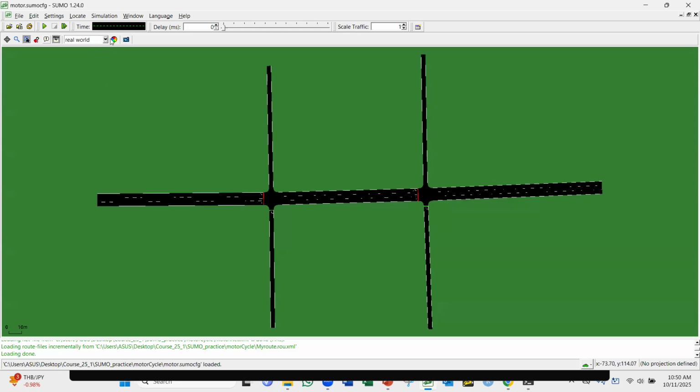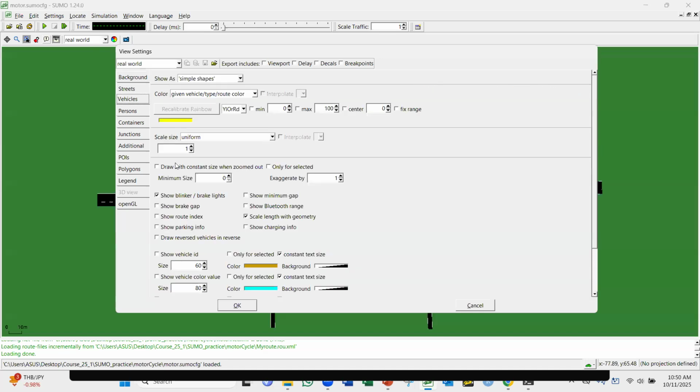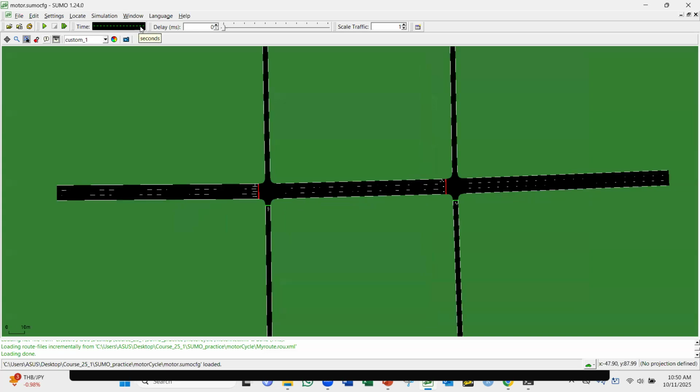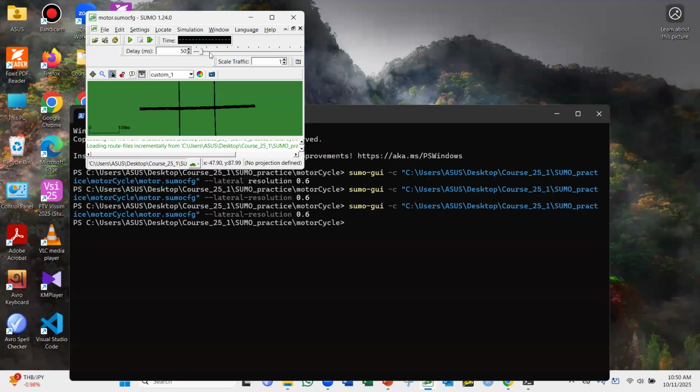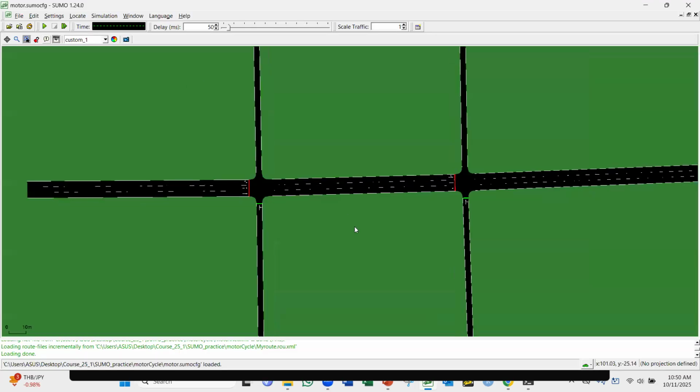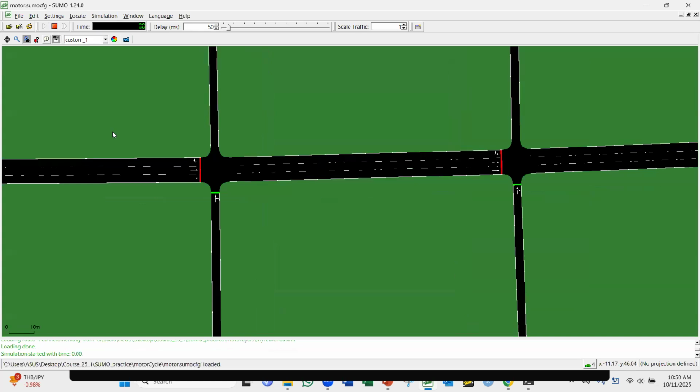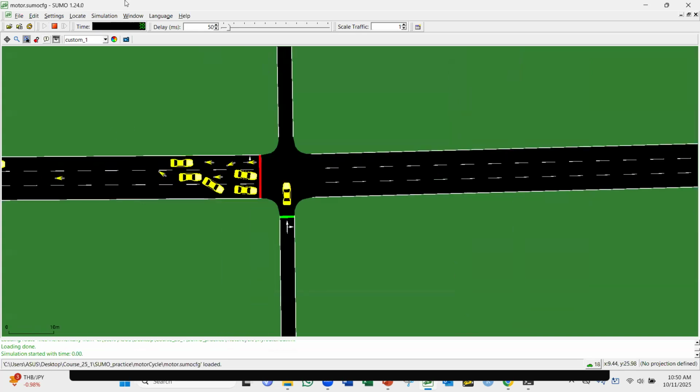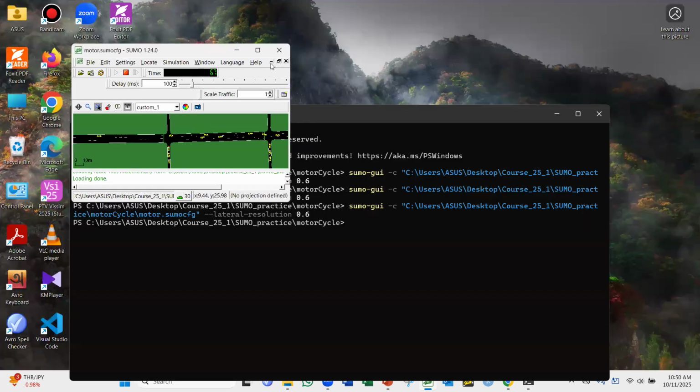Convert it to real world, and for simplicity change the visualization, slow blinker or bike light, reducing it, then reduce the delay time. Say our delay time is 50, and now run the simulation, observe how the simulation is moving.